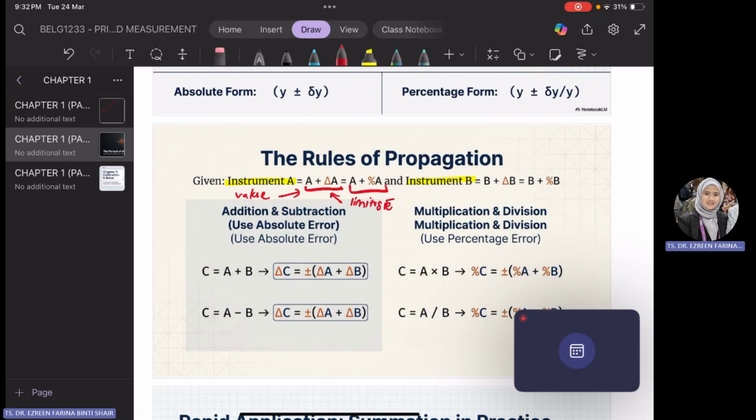Same for the percentage. Instrument B has its own limiting error, where B is the value and delta B here is the limiting error. This one is still the error, but in percentage. Same for this one.